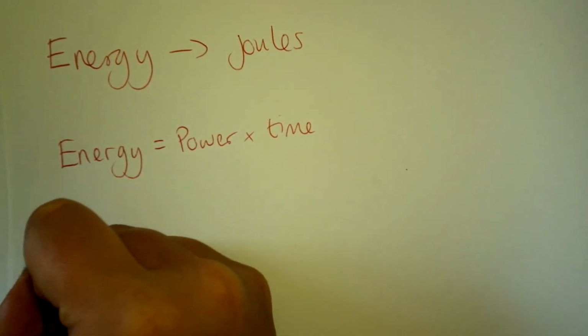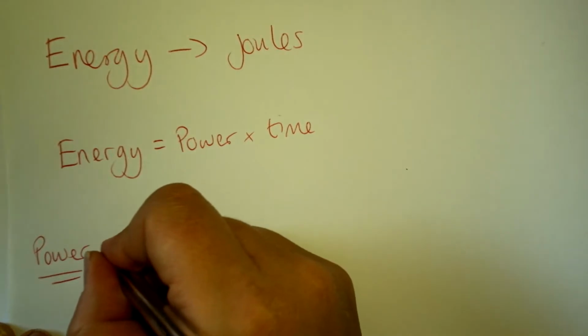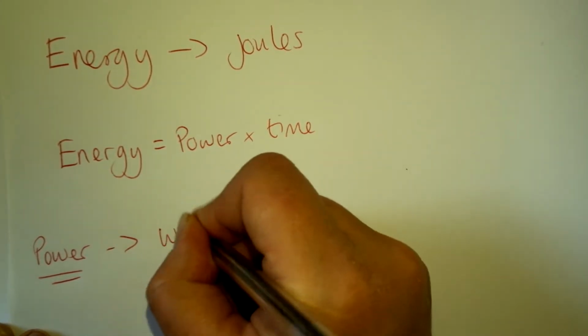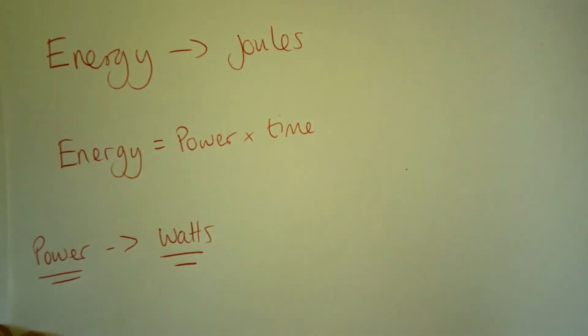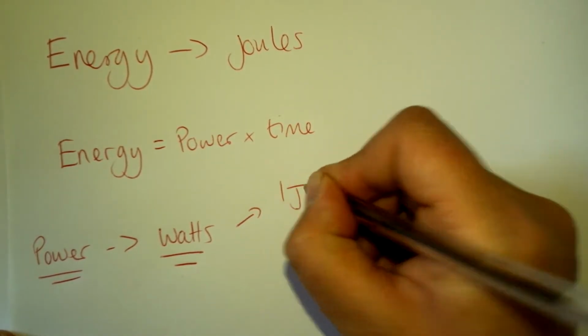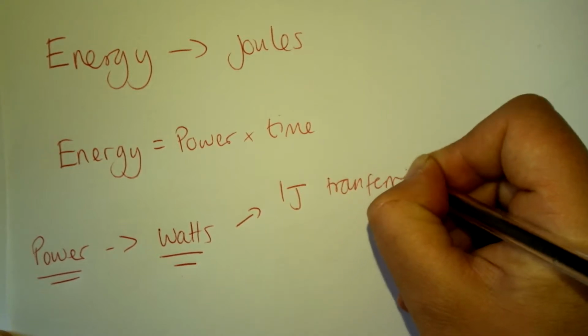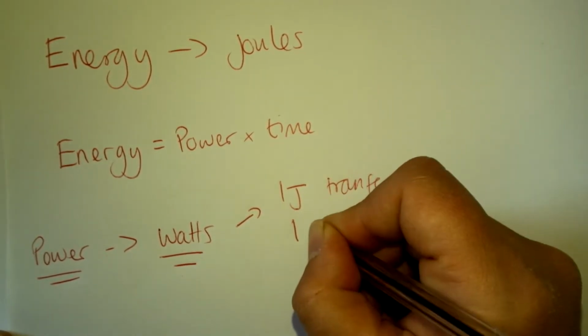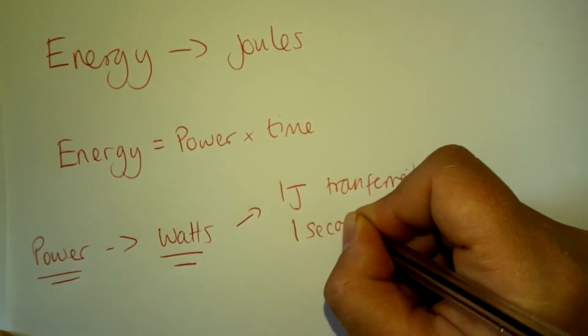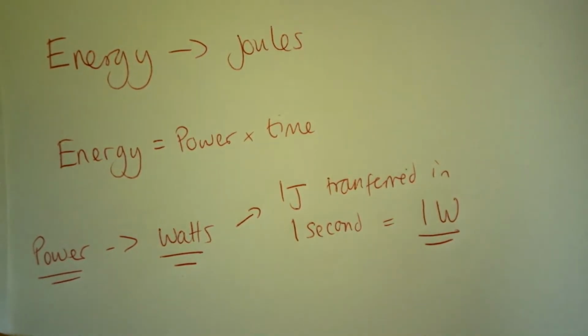So power is something that we weren't very sure about. It's got its own unit as well. It's measured in something called watts. And what a watt is: if 1 joule of energy was transferred in 1 second, that would mean 1 watt of power.